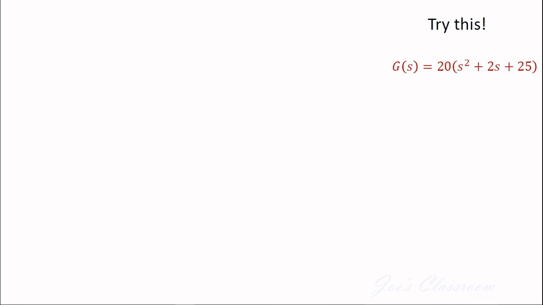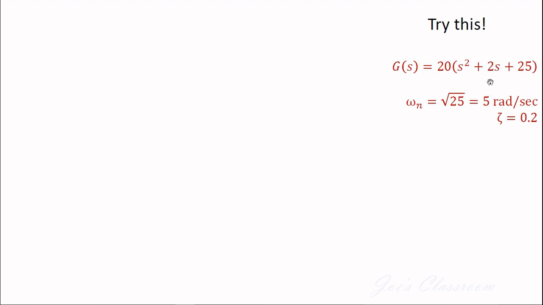If I keep the transfer function as it is, then I can compare it to s square plus 2 zeta omega n s plus omega n square. In that case, omega n square is equal to 25 and omega n is root of 25, that is equal to 5 radians per second. And this is 2 zeta omega n.